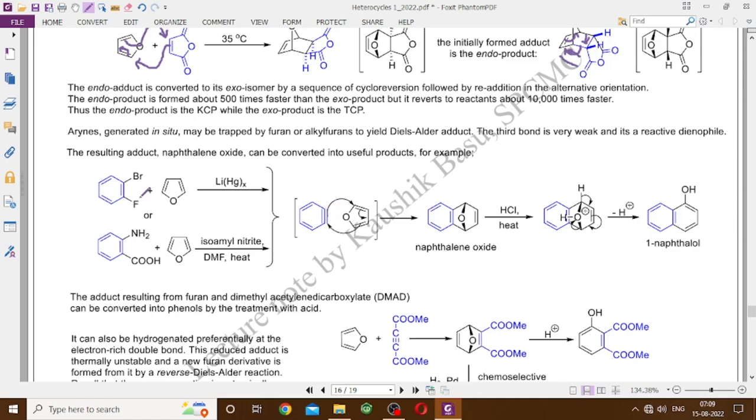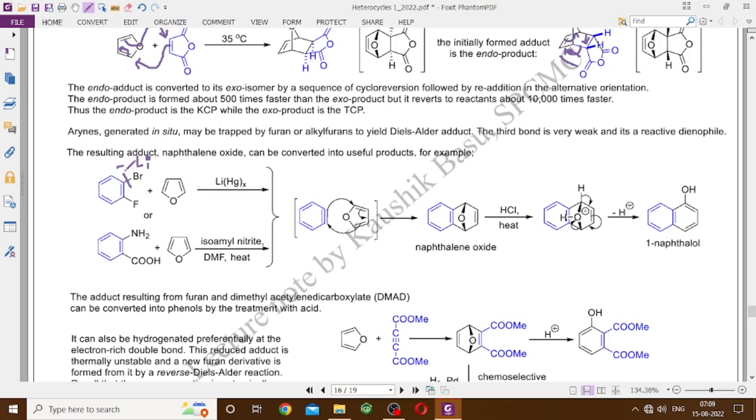or from 1-fluoro-2-bromobenzene, treatment with lithium will give rise to breakage of this carbon-bromine bond, so that you have a lithium included here by a metal-halogen exchange. That means you have a negative charge here.